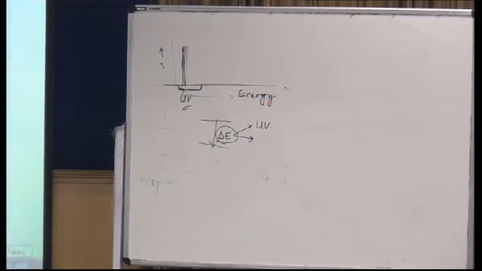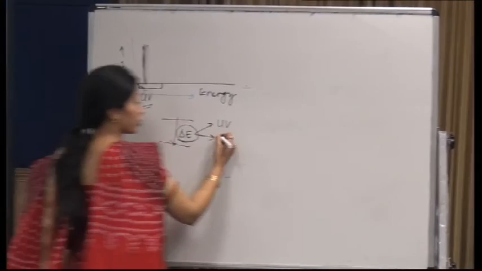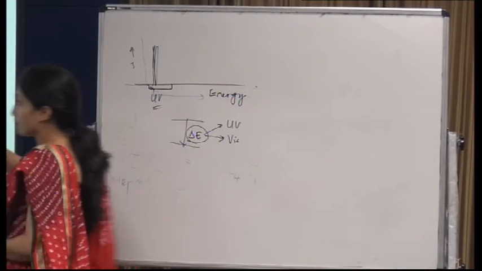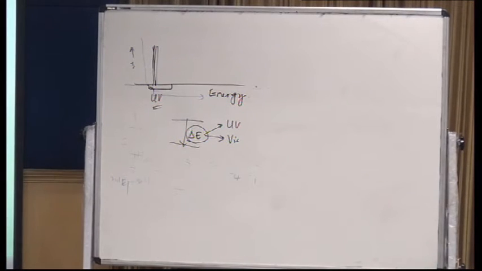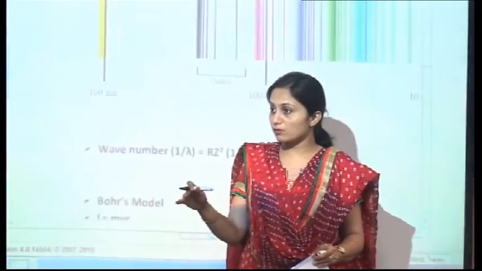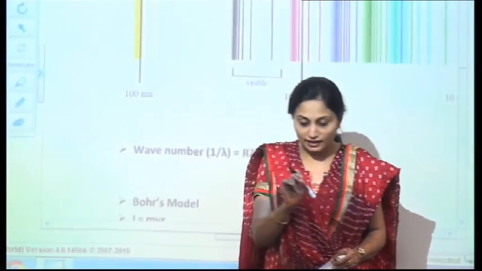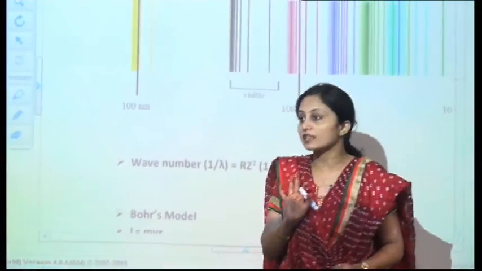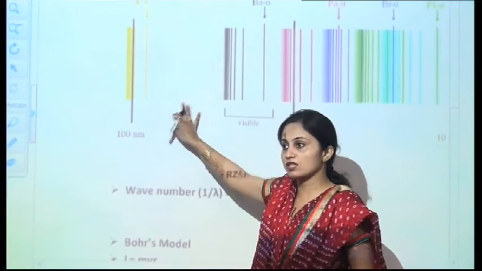If this energy difference corresponds to your visible region, you will be observing the lines in the visible region only. You will get the data for delta E. Then if you are plotting the graph, you will note that delta E and make a line wherever that delta E is. That is how this graph is plotted.